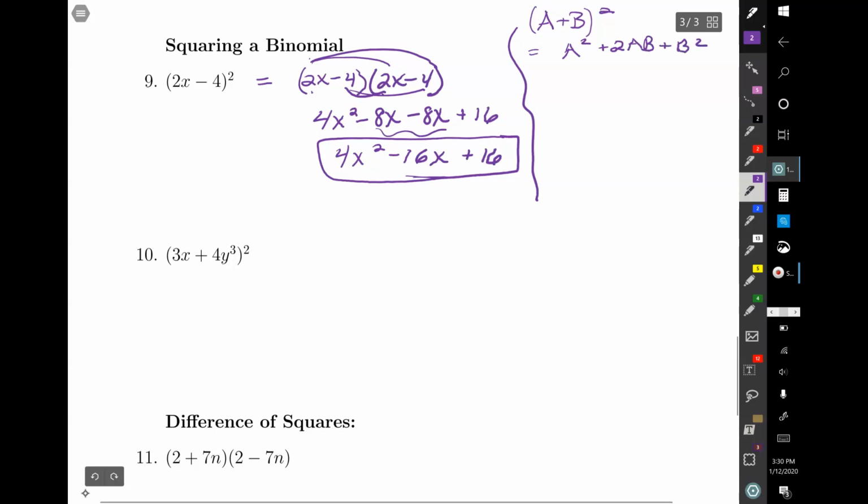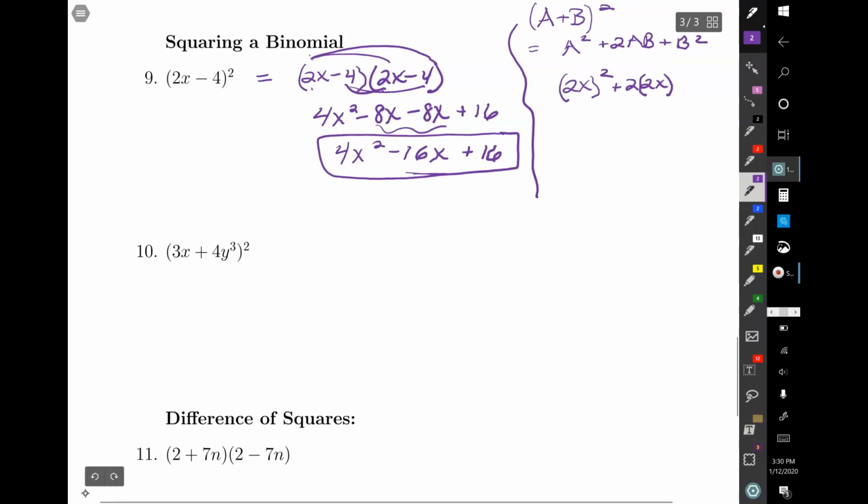So in our problem here, we have that 2x is our A. So we have (2x) squared plus 2 times the 2x, which is our A. Our B is minus 4.